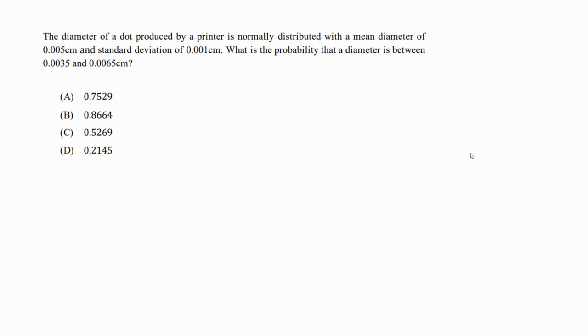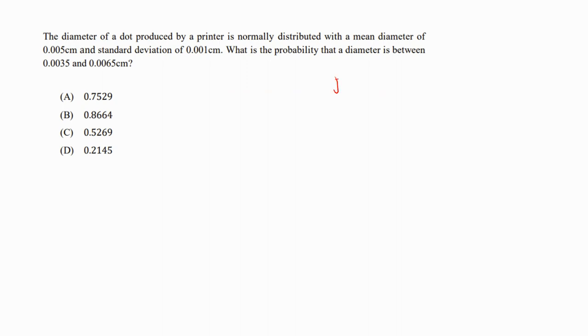Now we want to find the probability that diameter is in between 0.0035 up to 0.0065. So this is, I think, very similar to the previous questions we did.